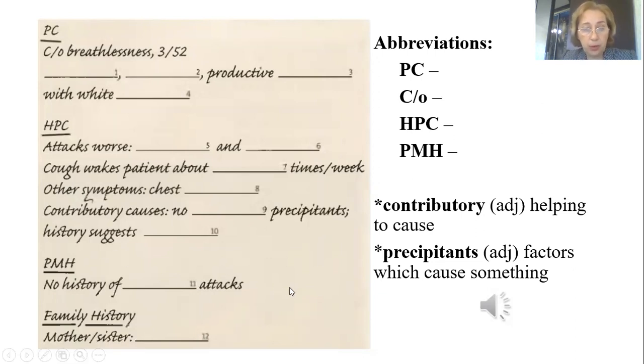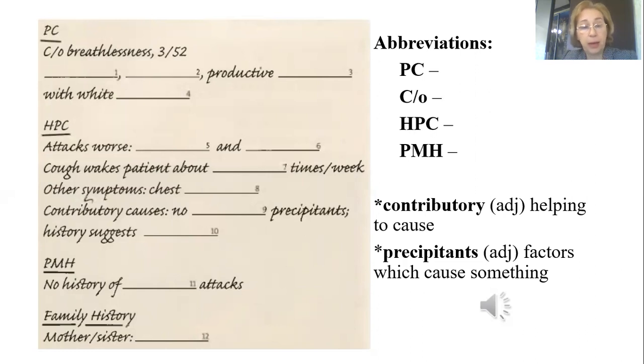Okay, past medical history. Noor, please. Which number, Doctor? 12? 11. No history of high pressure. And number 12, her mother and sister have eczema.